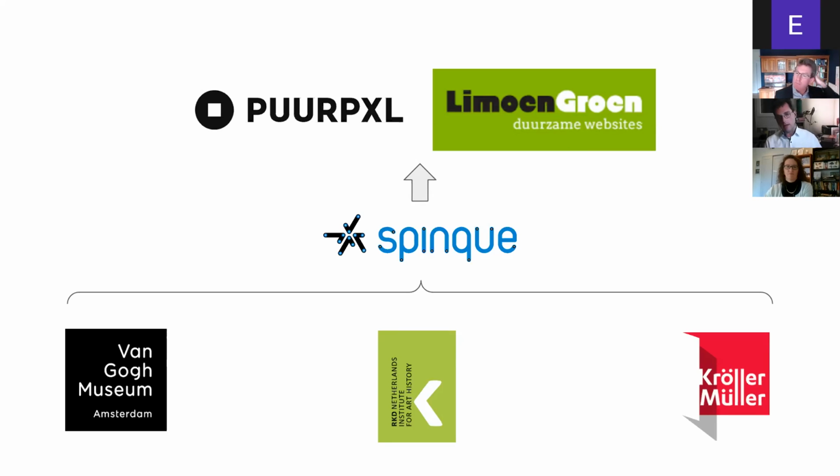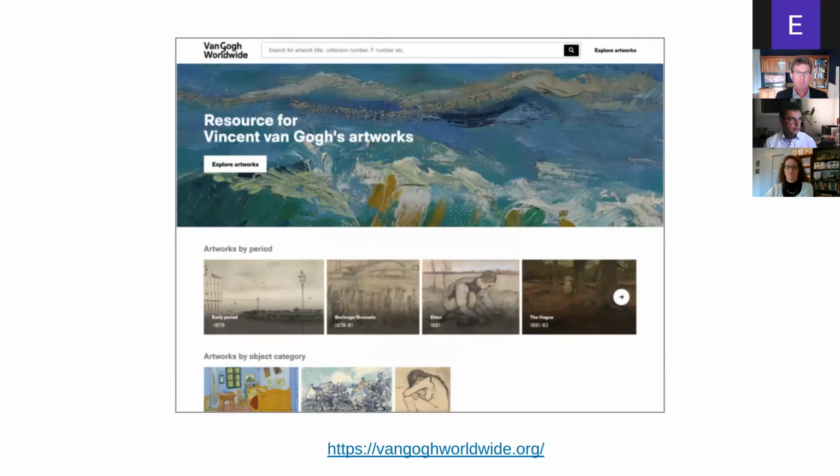They collect all the data and create one API for Limoen Groen to create one website on top of that, designed by PurePixel. And last month we launched the website, the VanGoghWorldwide.org website, and obviously we got a lot of attention, at least in the Netherlands and around.